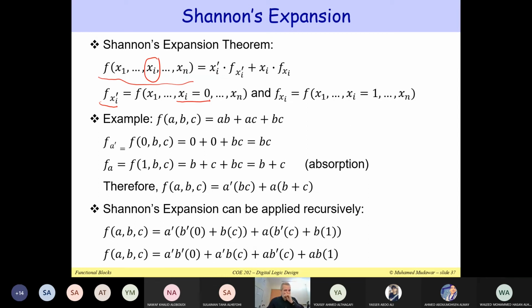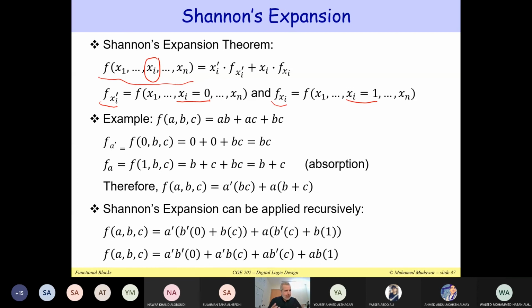Do it the same way when xi equals 1, and evaluate the function f when xi equals 1. I call it here f sub xi. This is when xi equals 1, and f sub xi prime when xi equals 0. And the idea of Shannon expansion is that you can rewrite the function.